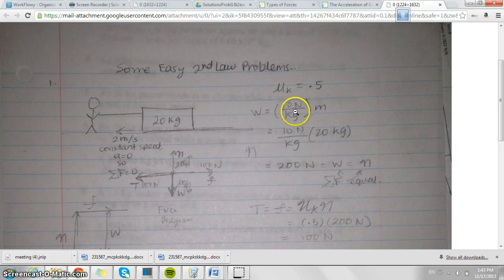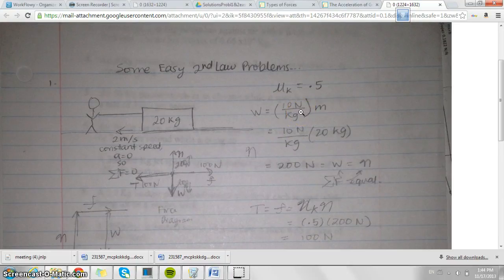And the 10 newtons per kilogram, I'm pretty sure it has something to do with the gravity. So yes, this is due to the gravitational field's pull on the object.